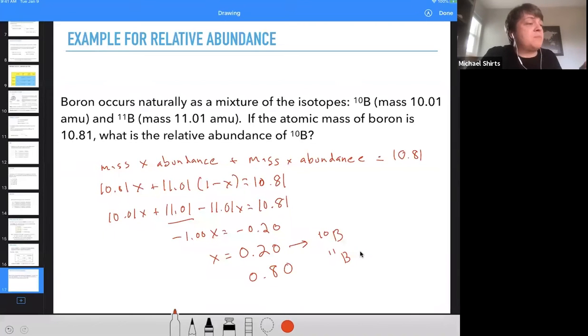So those are the sorts of problems you can have. That's the sort of questions you could look at in terms of atomic mass and how the atomic mass comes about, having these weird numbers that are not exactly integers when you know that the individual isotopes themselves are just combinations of integer numbers of protons and neutrons.